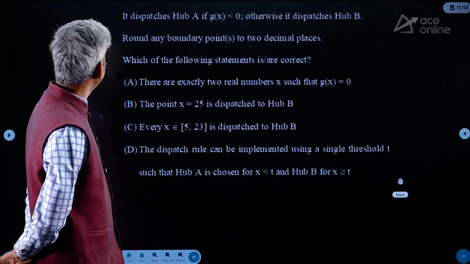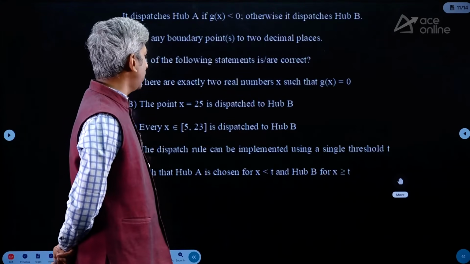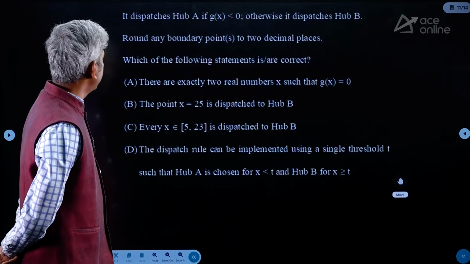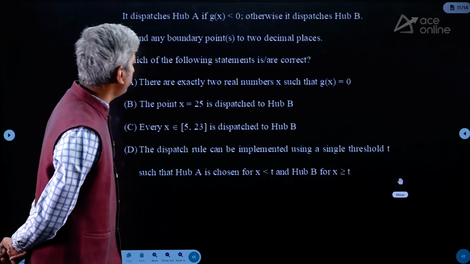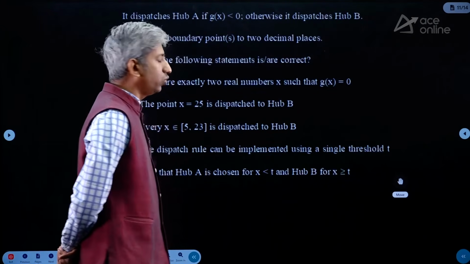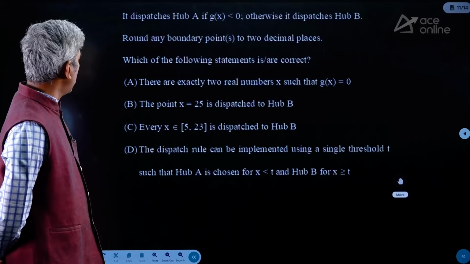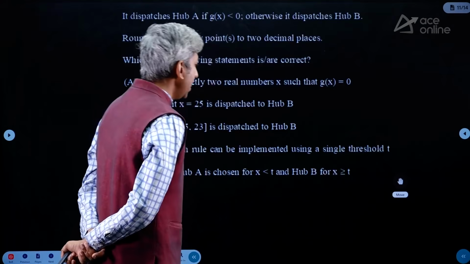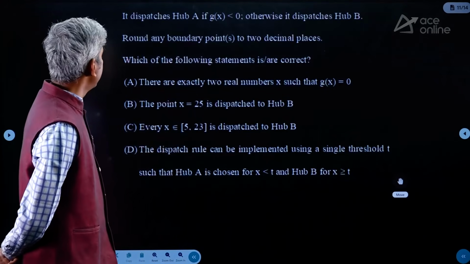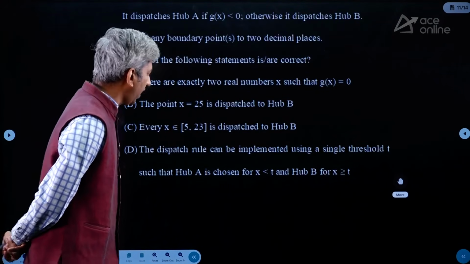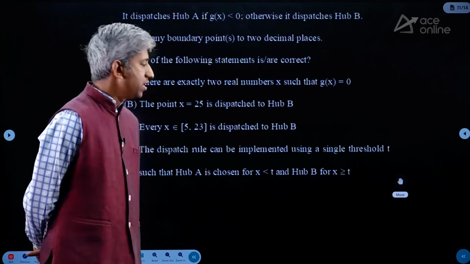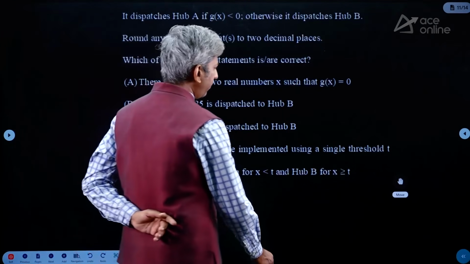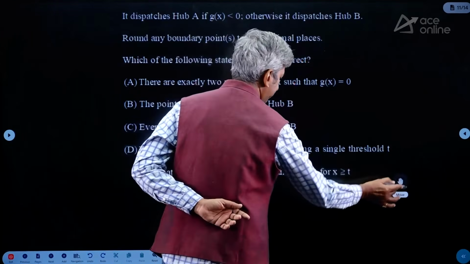Option B: the point x is equal to 25 is dispatched to hub B. Option C: every x in between 5 to 23 is dispatched to hub B. And option D: the dispatch rule can be implemented using a single threshold value t such that hub A is chosen for x less than t and hub B is chosen for x greater than or equal to t. So what is given to you in the problem statement?